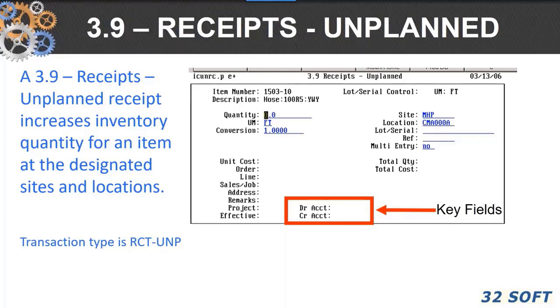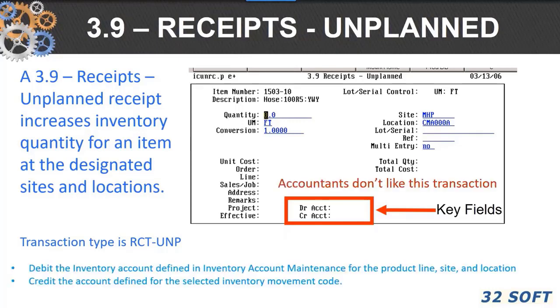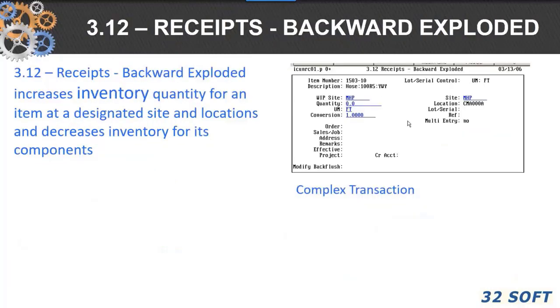So normally the cost accountant is going to define what fields can be used for that, and accountants really don't like this transaction. I don't think even materials managers like this transaction. I can usually go into a company and look at the 3.9 transactions and the 3.7 transactions, and if there's an excess of them, you can just about tell that their inventory control system is out of whack.